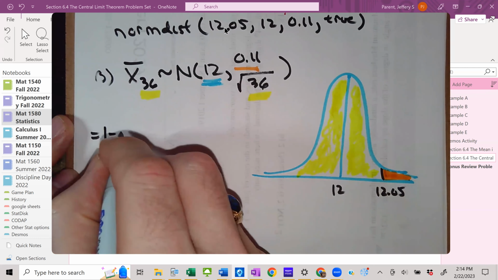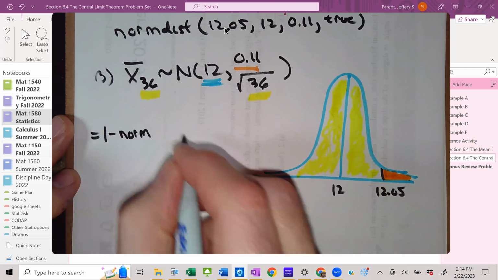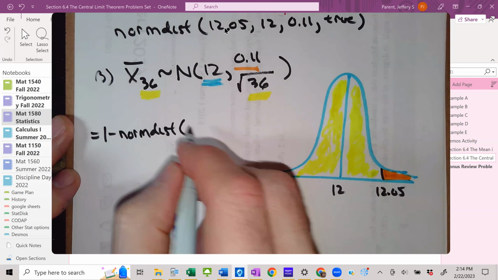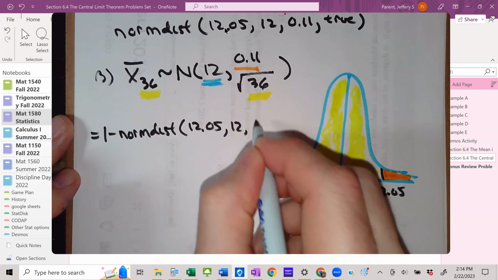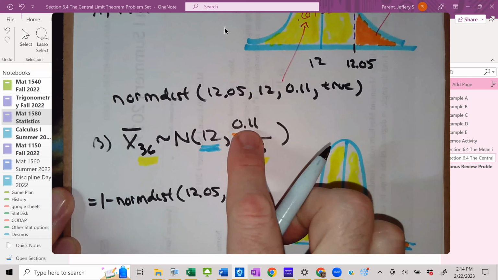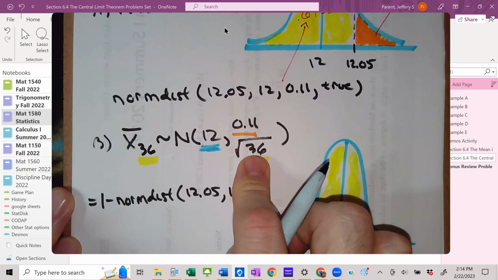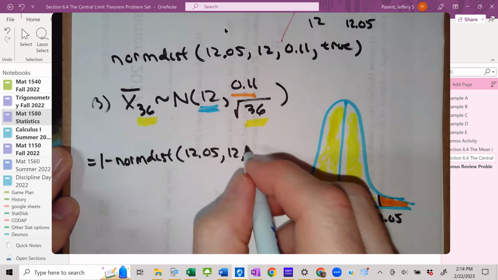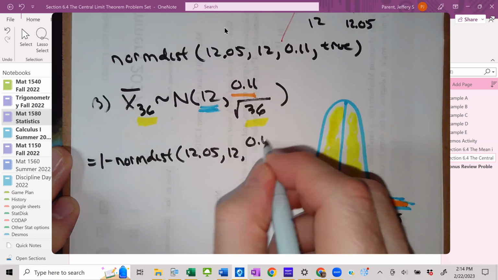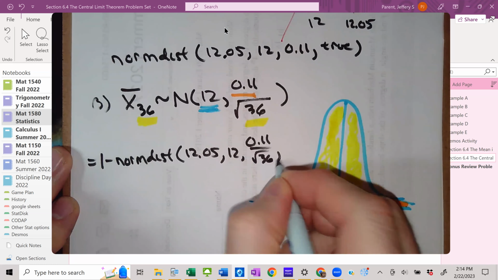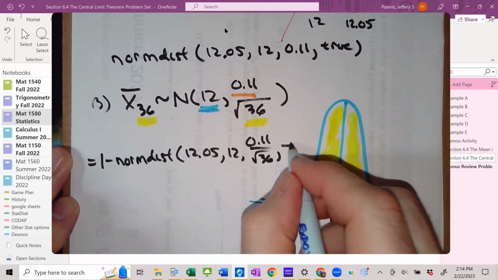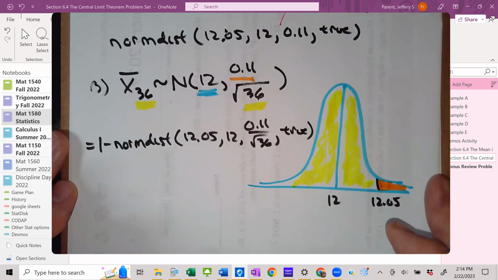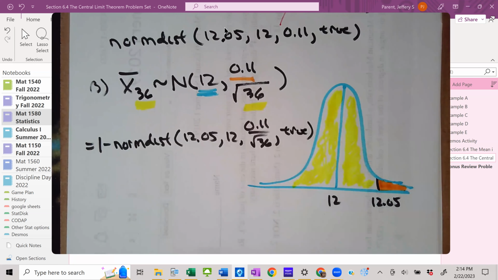So it's going to be 1 minus norm distribution of 12.05, comma 12, comma 0.11 over the square root of 36. And even though that's 6, I'm just going to leave it like this, 0.11 over the square root of 36, just so that you can see where that comes from. And then the last part here is true. So that's doing it all in one push. Let's see what that gives us.